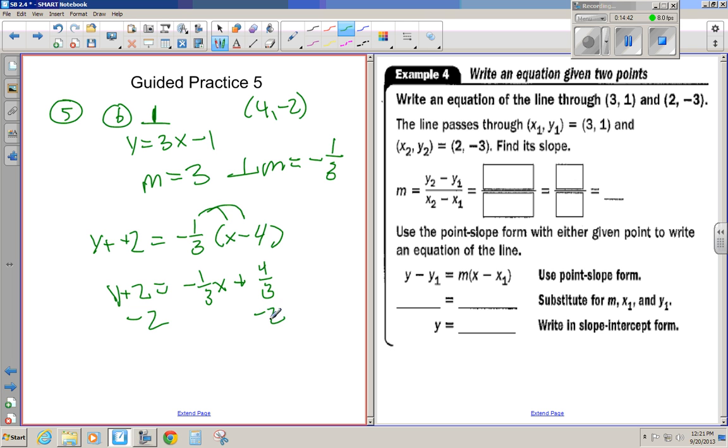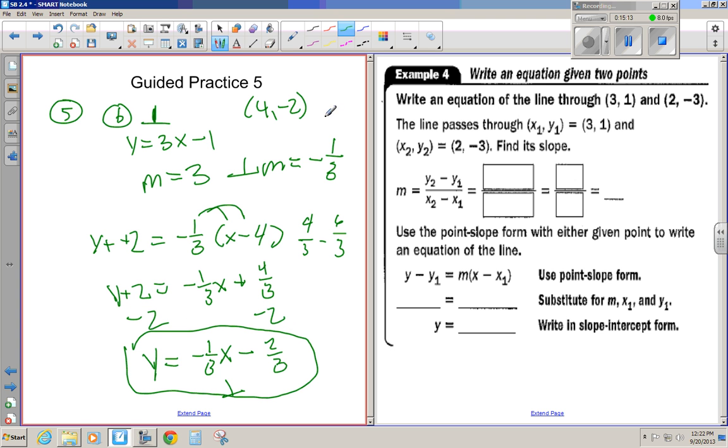We subtract 2 from both sides. Our equation is negative 1/3 x minus, is it minus 2/3? Let's see here. Because it'd be 4/3 minus 6/3, negative 2/3. Yep.